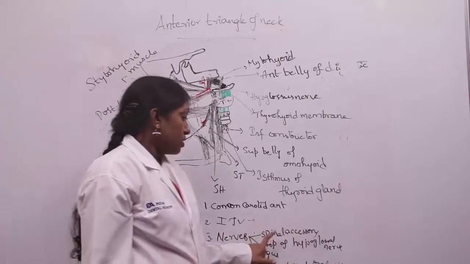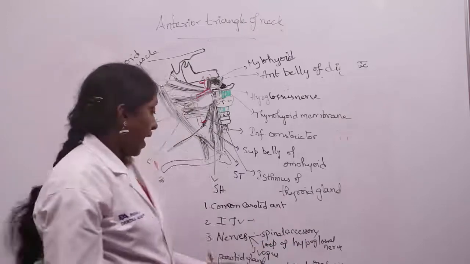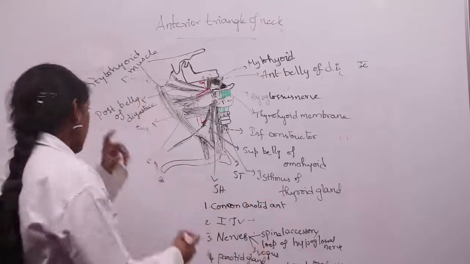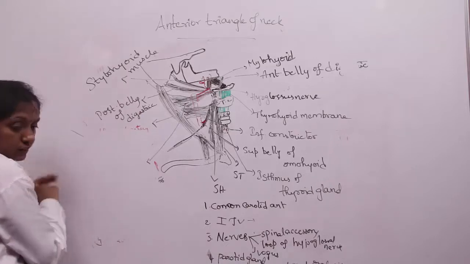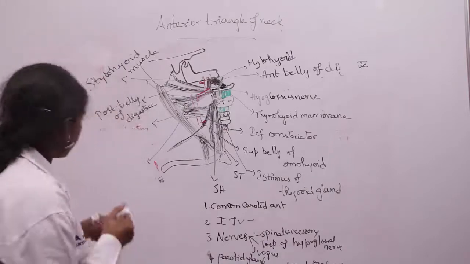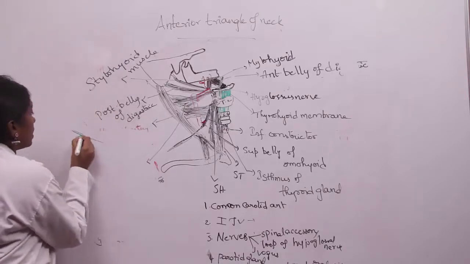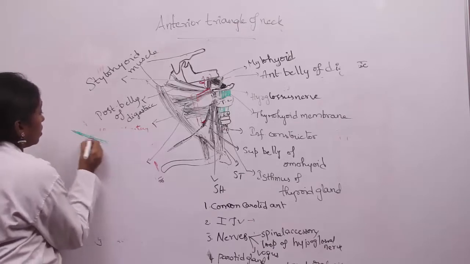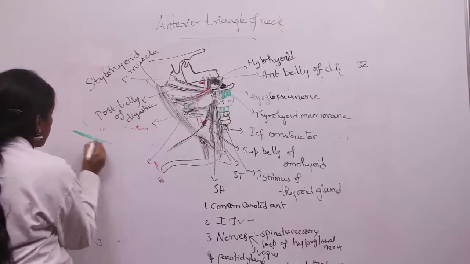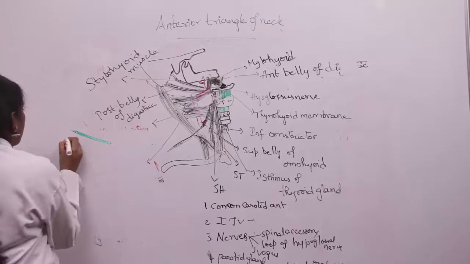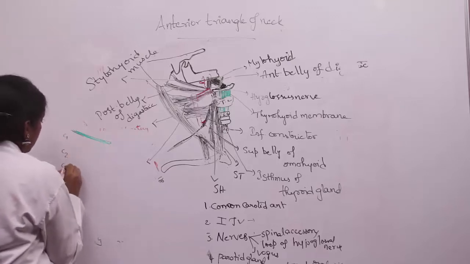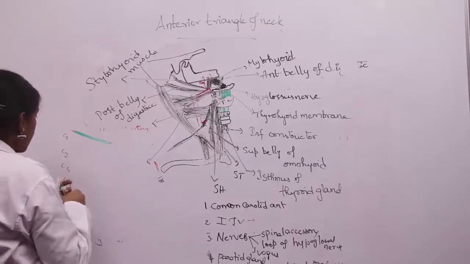Spinal accessory nerve is seen in the upper part of the triangle, and loop of hypoglossal nerve. So this is the hypoglossal nerve.